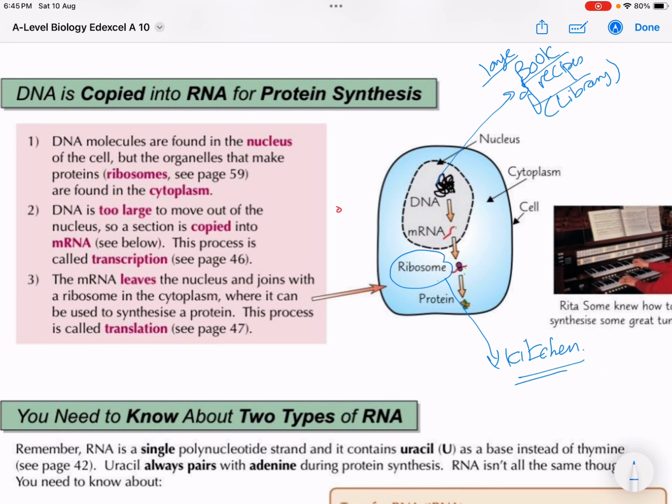You cannot carry this book from the library to the kitchen because it's a very large book and it's not allowed to leave the library. So what shall I do? I can simply copy the recipe I need. Let's say I want to cook pasta, so I'm gonna go to the page for cooking pasta, that's the pasta recipe, and then I'm gonna write it down. Writing it down, guys, is called transcription.